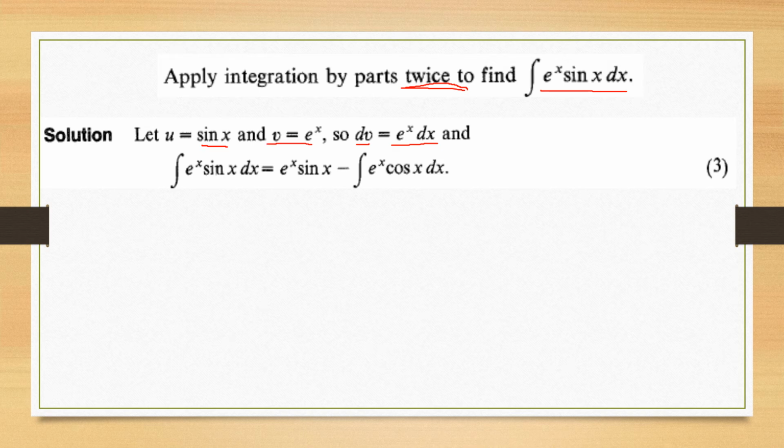Now using the formula u dv, which is equal to uv minus, e raised power x, which is v, and cos x, which is the derivative of sin x, du.